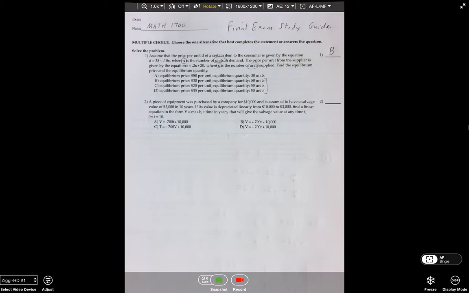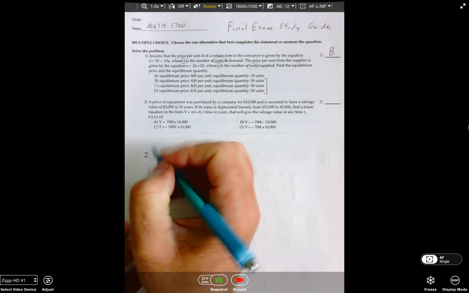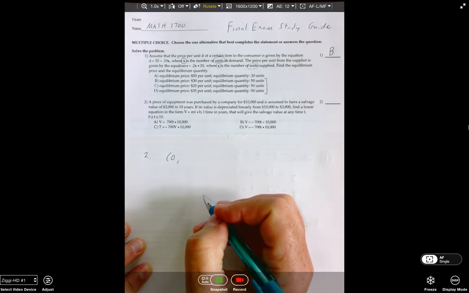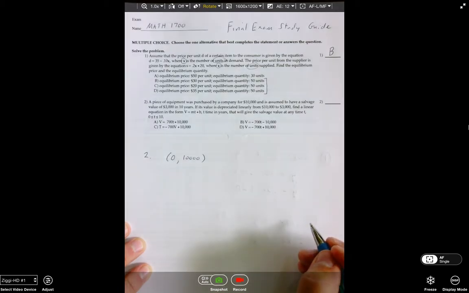Number 2, a piece of equipment was purchased by a company for $10,000 and is assumed to have salvage value of $3,000 in 10 years. So at any time t, we want to find v equals mt plus b. So for number 2, I'm going to set up and say, well, when t is equal to 0, when the piece of equipment was purchased, its value was $10,000.